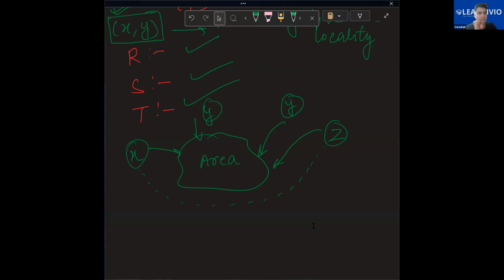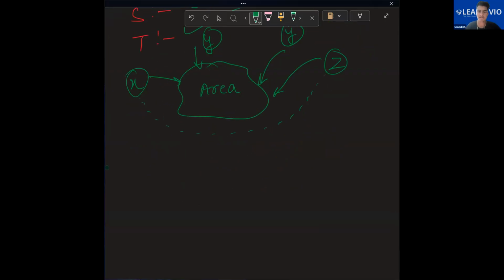How will you create a situation or example that should not be transitive? Y will be the father of x, and z will be the father of y. Okay, so z cannot be the father. Exactly, you got it.